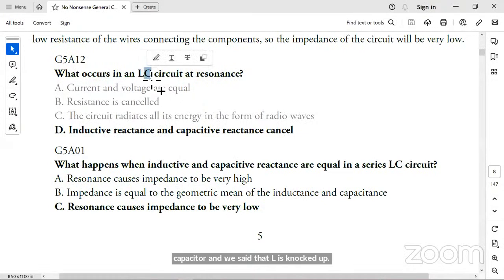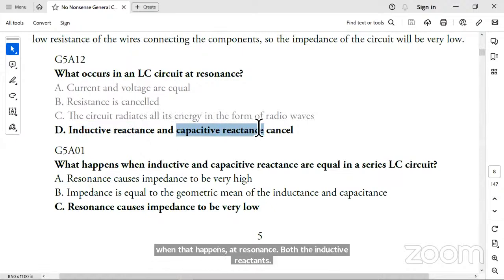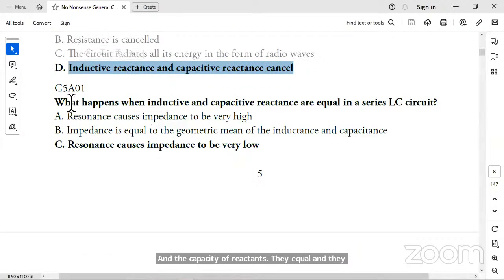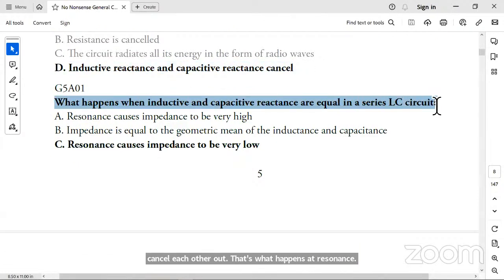So an LC circuit is simply a circuit that has a coil or an inductor as well as a capacitor in it. But what happens to such a circuit at resonance? We said when that happens at resonance, both the inductive reactance and the capacitive reactance are equal and they cancel each other out. That's what happens at resonance. Next question in the question pool.